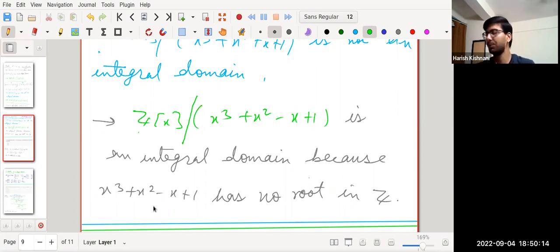Here being irreducible also means being prime. Thus the ideal generated by this polynomial is a prime ideal. So Z[x] modulo this prime ideal is an integral domain.